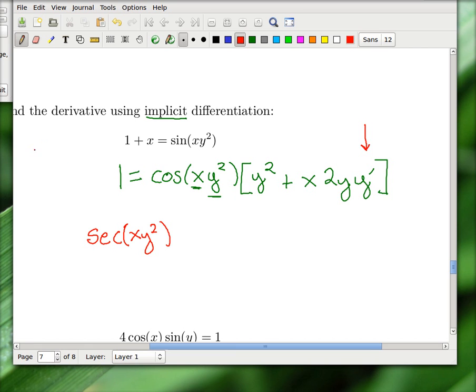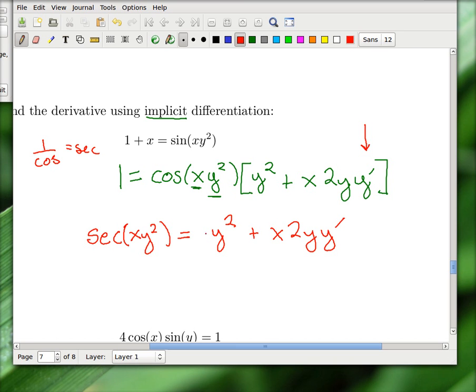What I'm using here is the property that 1 over cosine is just secant. So when I divide both sides by cosine, it becomes 1 there. Over here I get 1 over cosine, the same as secant, and that is equal to y squared plus x 2y y prime.